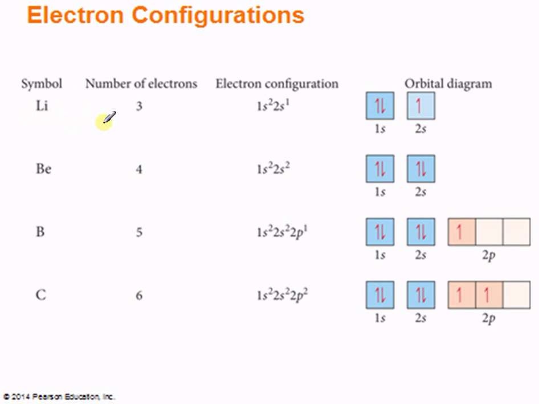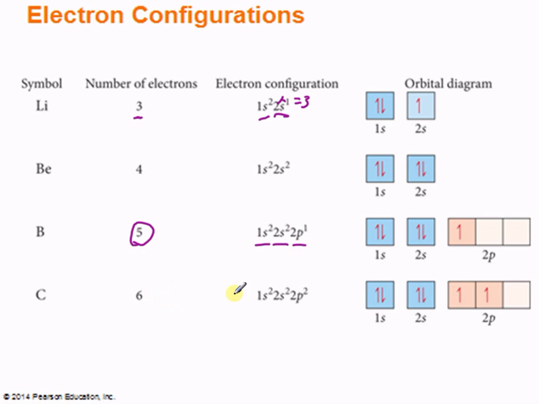This is a good example. When I have element number 3, which has 3 electrons, there will be 2 electrons in the 1s and the other electron in the 2s, so 2 plus 1 equals 3, right? And if you have boron, as we said before, where we have 5 electrons, then you have 1s2, 2s2, and 2p1, making a total of 5 electrons.